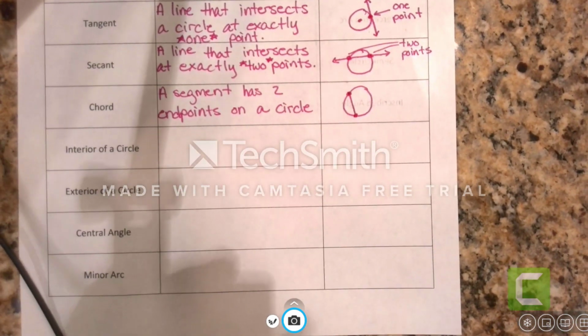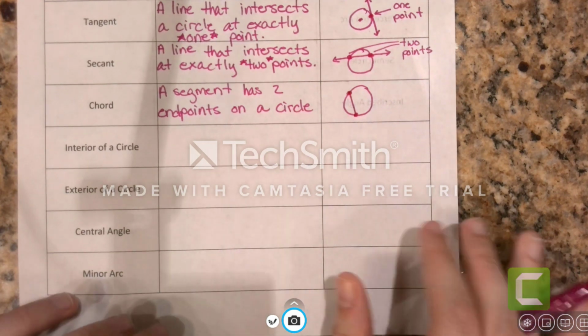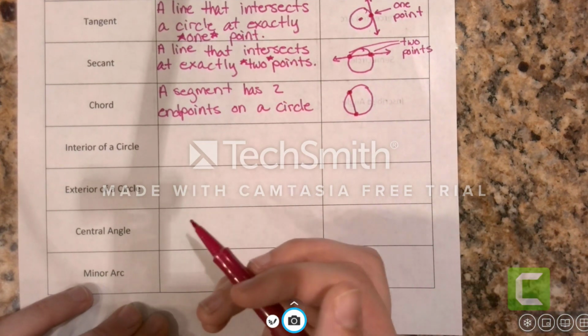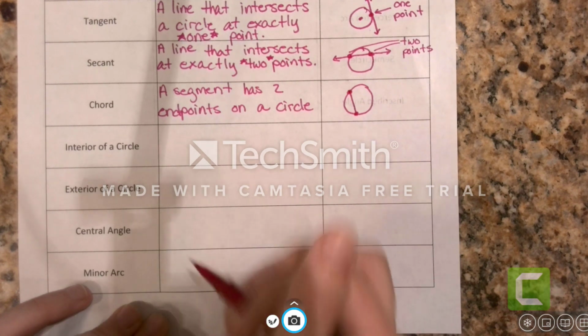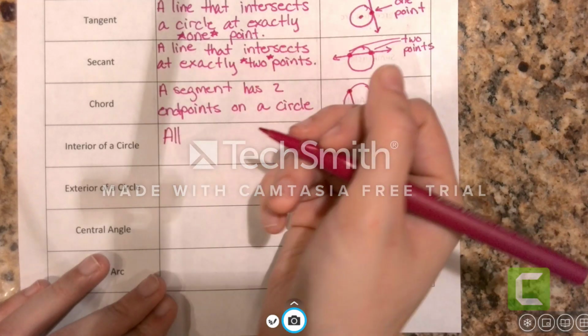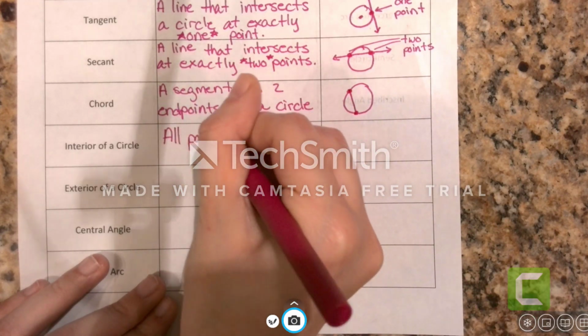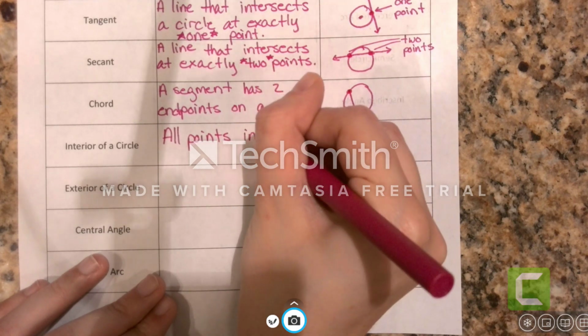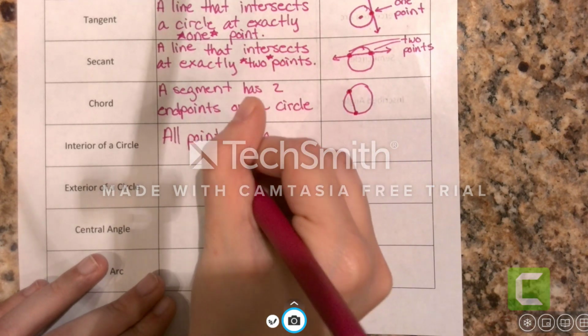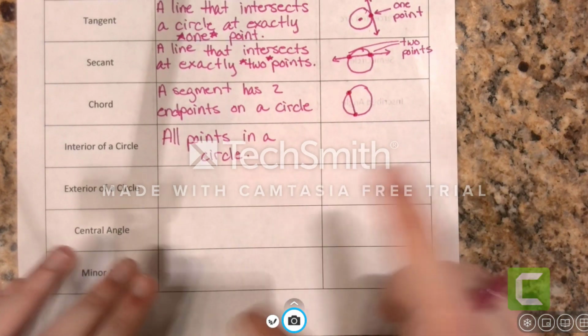For the next part, these two are a little bit easier. We have the interior of a circle. And for the interior of a circle, it's about as self-explanatory as it can get. All this is referring to the points in a circle. Or even more generically, everything in a circle.